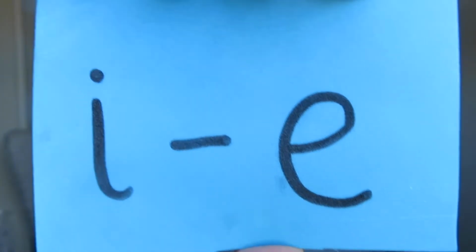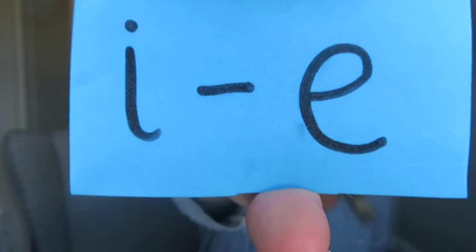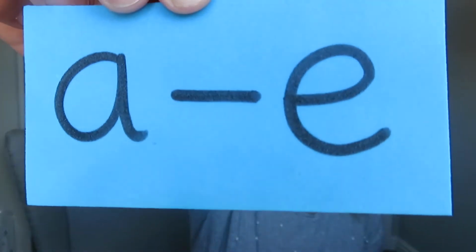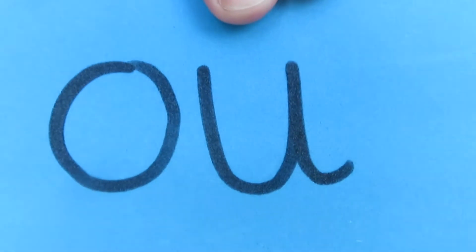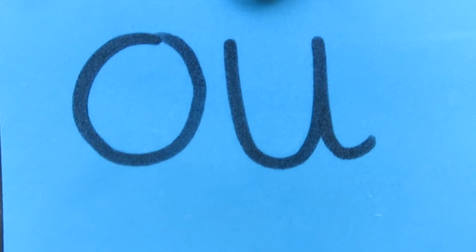Split digraph: I, ride my bike. Another split digraph: A, caveman Dave. Girl with the cow. Oi, joy of a toy. And the last one: Ow, bears about. Super stuff. Thumbs up.